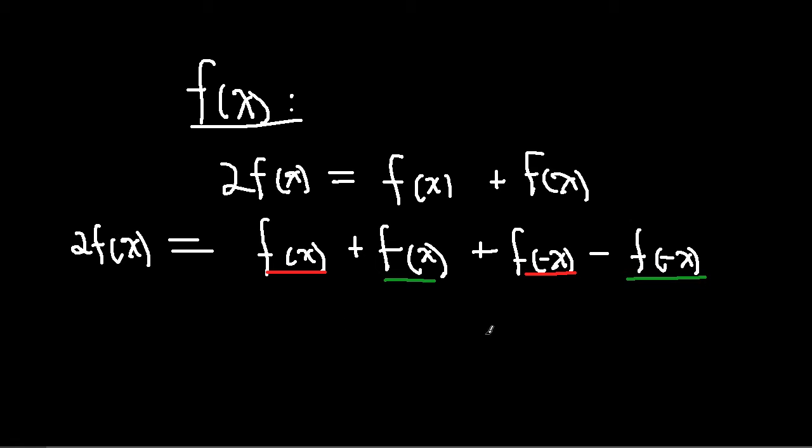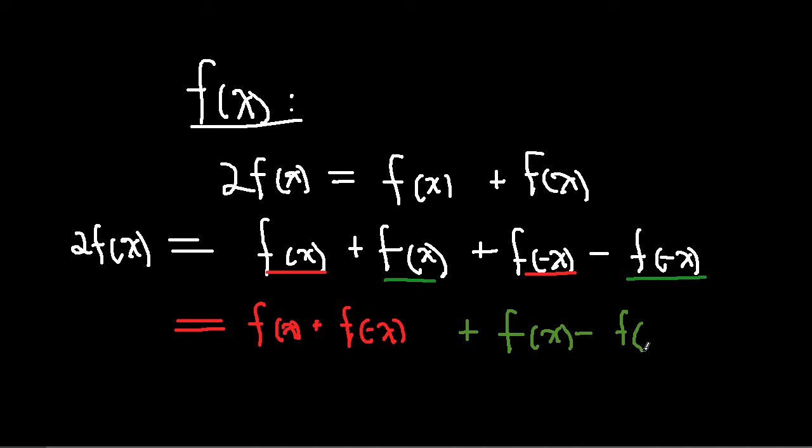So this is equal to f of x plus f of negative x, and the other 2 terms become f of x minus f of negative x.